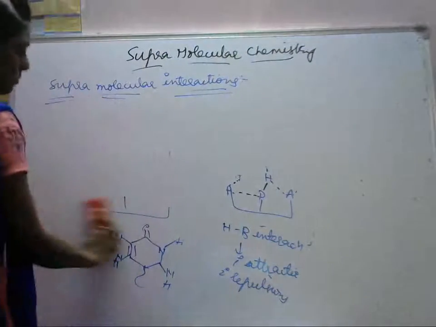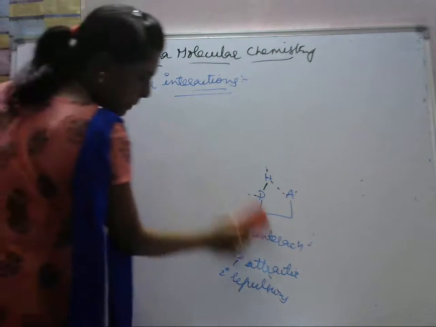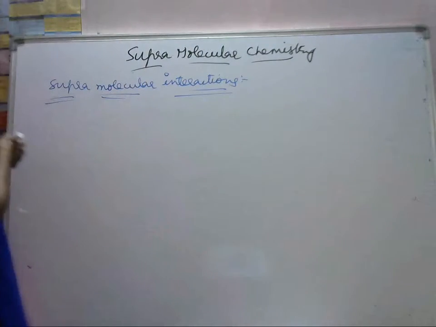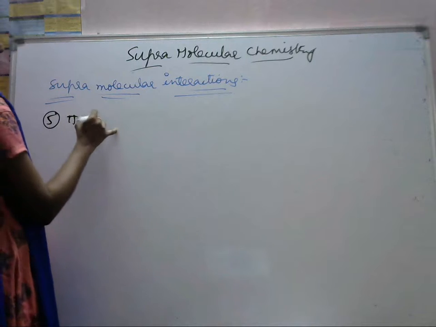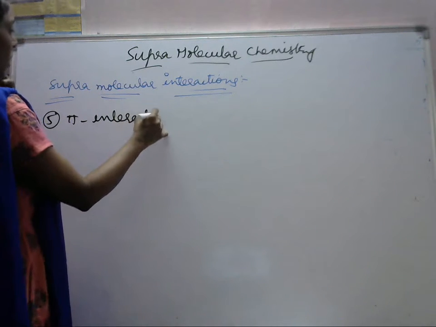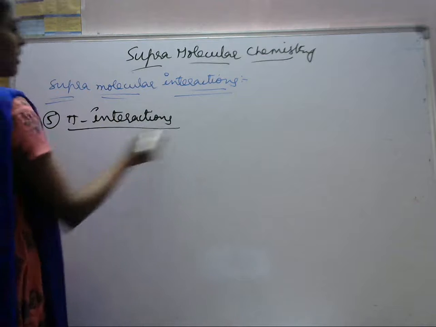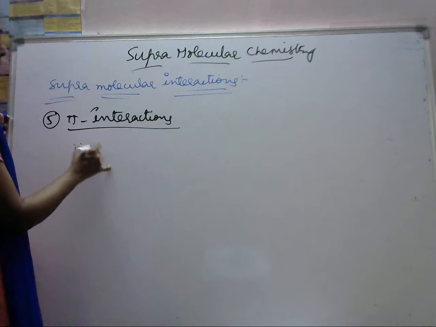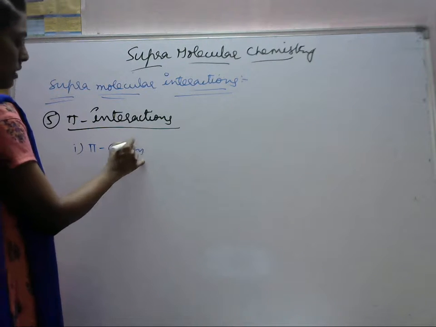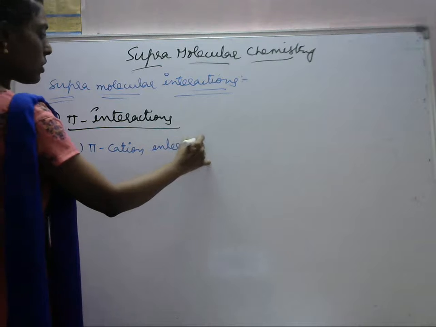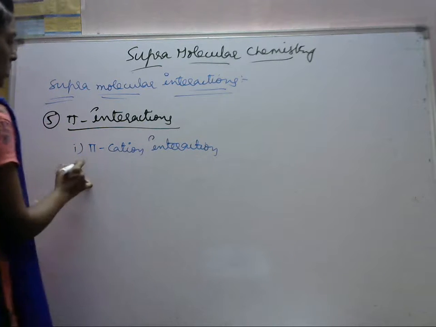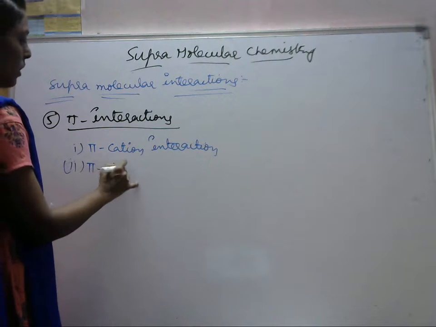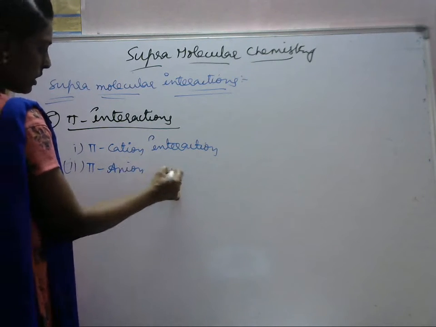We name it as pi interactions. In these pi interactions, there are 4 subgroups. What are those 4 subgroups? The first one is pi cation interaction, and the second one is pi anion interaction.